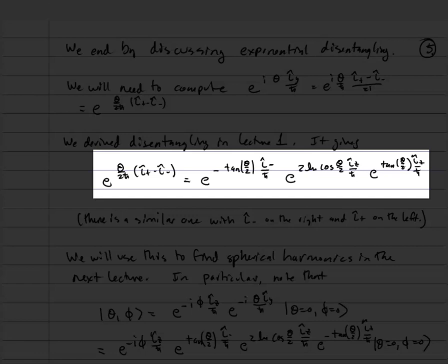It tells us that e to the theta over 2h bar (L plus minus L minus), you might be asking where the i went? The i disappeared because Ly has a 1 over 2i in its definition. That is just equal to e to the minus tan theta over 2 L minus over h bar, e to the 2 log cos theta over 2 Lz over h bar, and e to the tan theta over 2 L plus over h bar.